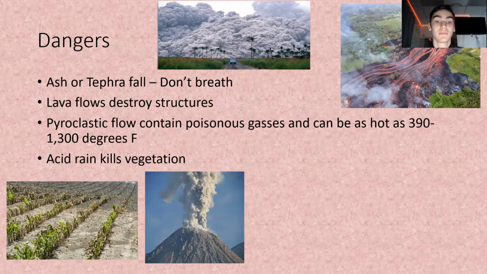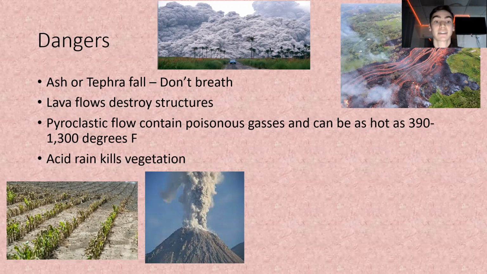These sharp particles, when breathed in, can lacerate the inside of your lungs, causing permanent damage to breathing and other important bodily functions. Lava flows could destroy structures and leave many people homeless. The pyroclastic flow contains poisonous gases and rocks that can be as hot as 390 to 1,300 degrees Fahrenheit. If you get caught in a pyroclastic flow, you will not survive.